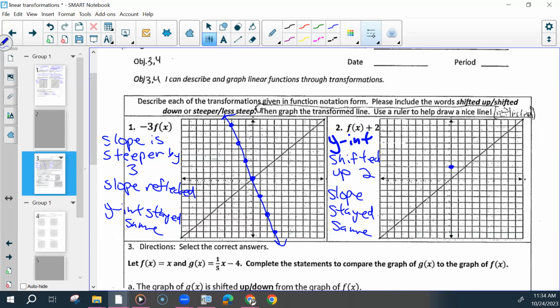Your slope stayed the same, so the original slope was 1, up 1 to the right 1. So we're going to do that, up 1, right 1 as many times as possible. And down 1, left 1 as many times as possible. My line is a little crooked, but the steepness is the same. We would get down these lines at the same rate, at the same amount.